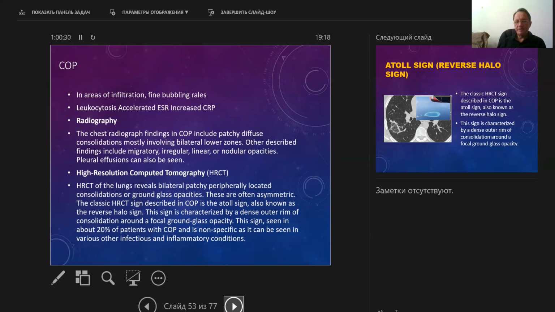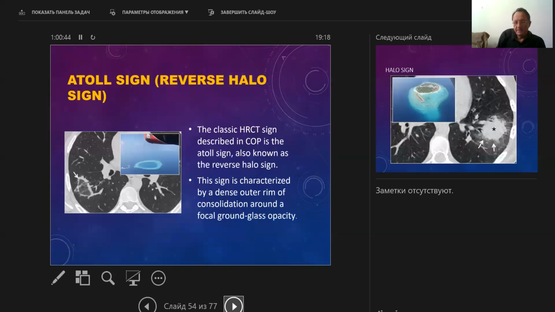This sign is seen in about 20% of patients with COP, and it is not specific. It can be seen in various other infectious or inflammatory conditions, and also in tumor. So, in the atoll sign you can see a dense outer rim of consolidation surrounding focal ground glass opacity.